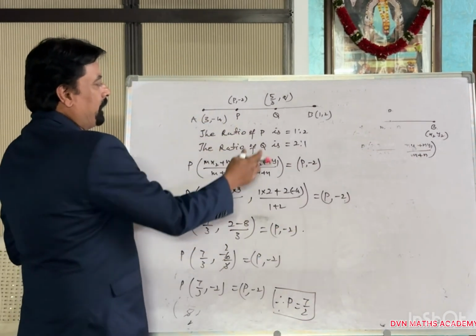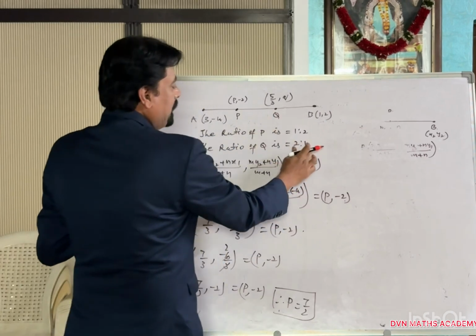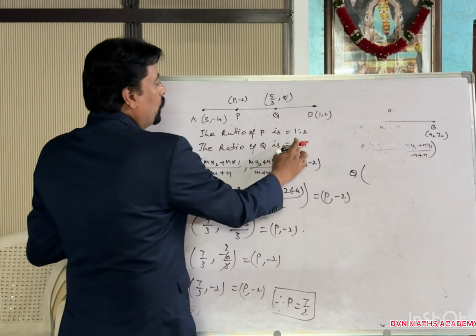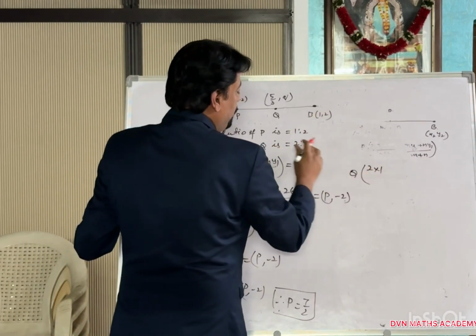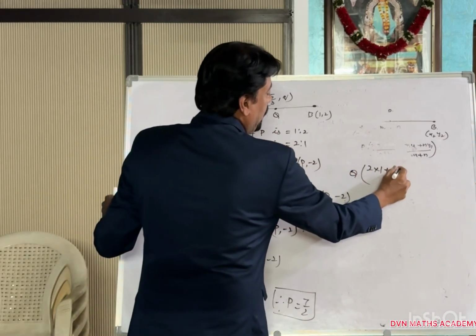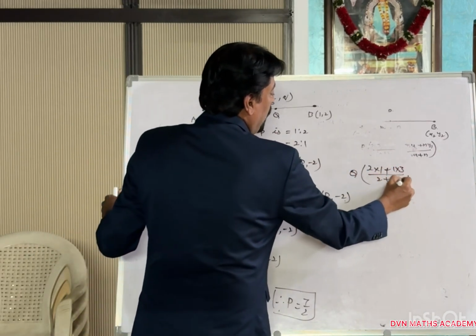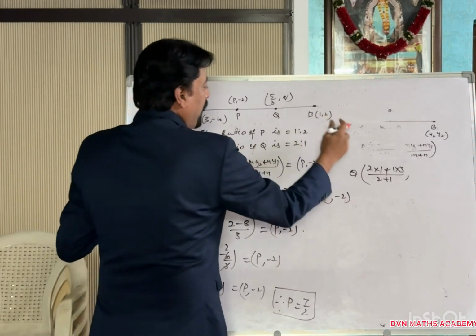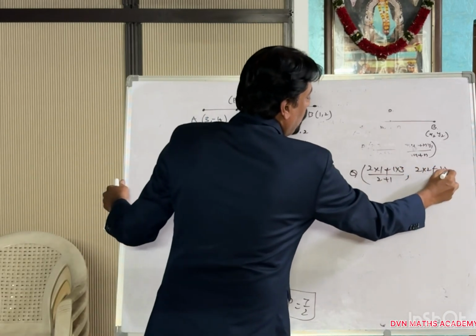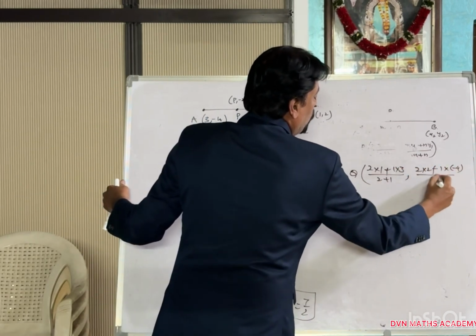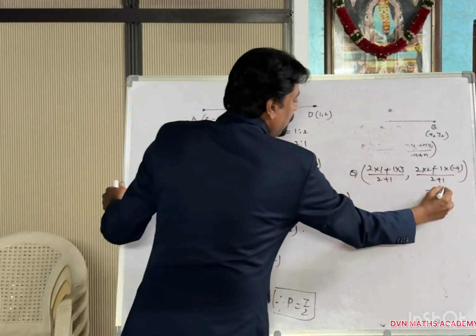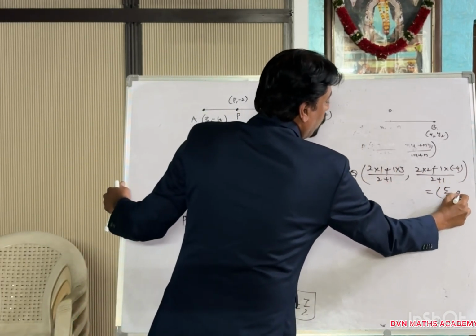In the second case, if you take Q, the ratio of Q, you know that is 2:1. Q coordinates according to this formula, m into x2 plus n into x1, that is (2 into 1 plus 1 into 3)/(2 + 1), comma, again (2 into 2 plus 1 into -4)/(2 + 1), is equal to the point coordinates of Q, which is (5/3, q).